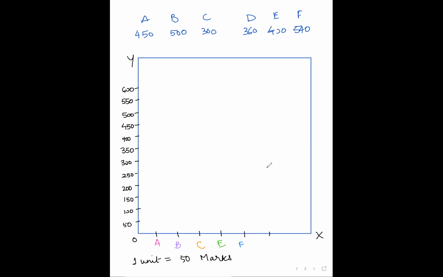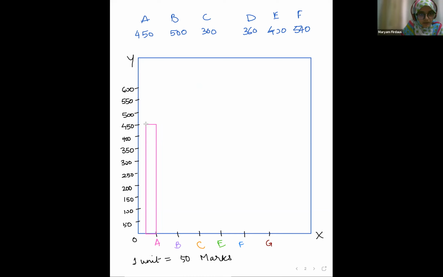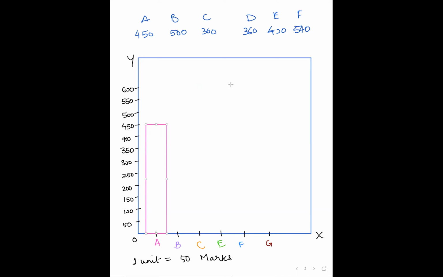I finished. Okay. So let's start with A. How many marks has A got? 450. So let's do this. Done? Can we write inside the box like A? Yeah, you can do that.